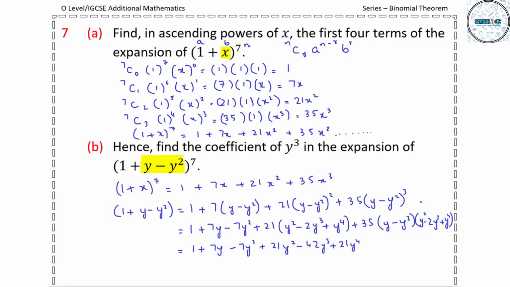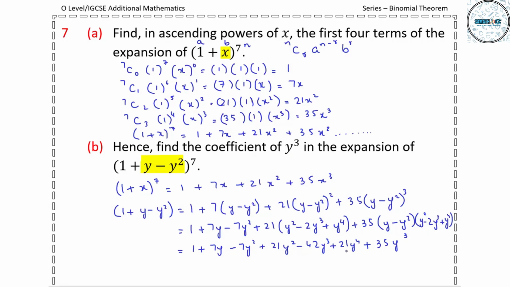Y square multiplied by negative 2y cube will be positive 2y power 5. Y square multiplied by y power 4 would be y power 6. We only require the coefficient of y cube. So simply we will multiply y by y square and then by 35. So we will get 35y cube.